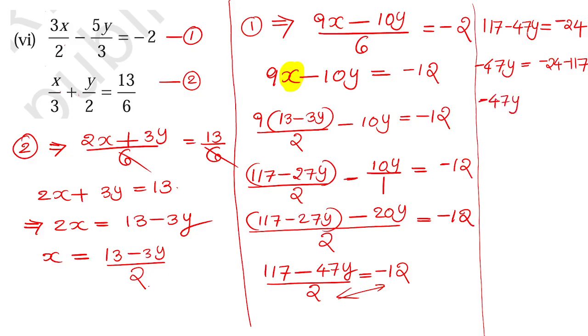Minus 47y equal to minus 141. You will get a good answer. Y equal to minus 141 divided by minus 47. Minus minus cancel. 141 by 47. You will get a good value. 141 by 47 is 3. You can check it.